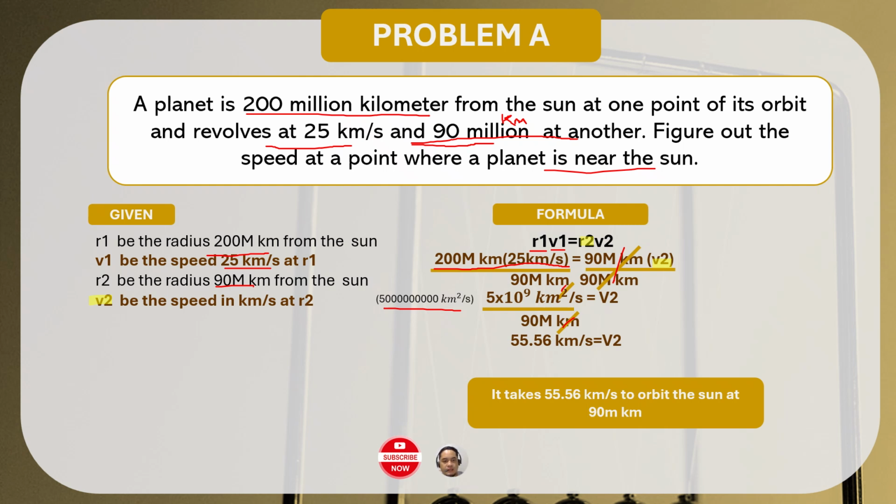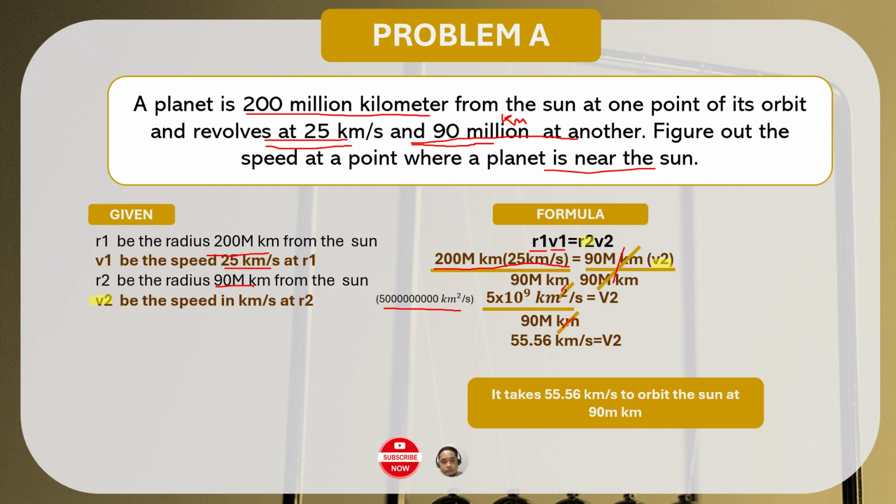55.56 kilometers per second. That's the speed of a planet when it's 90 million kilometers away from the sun. Actually, it's closer compared to 200 million kilometers from the sun at one point. So as we expected, from 25 kilometers per second when it's very far from the sun, it will move slower.